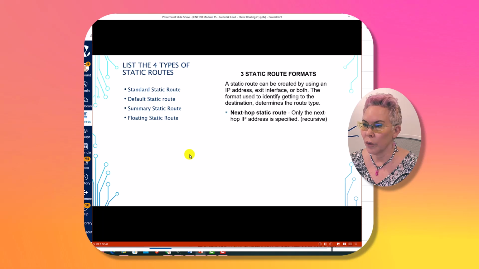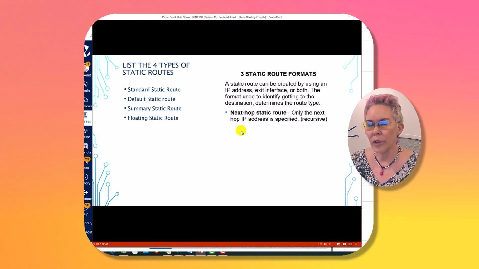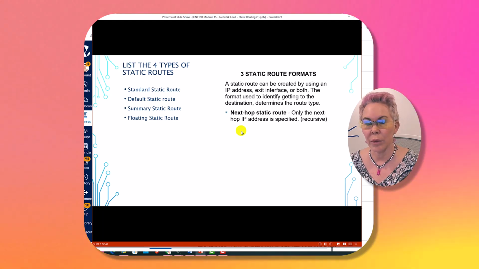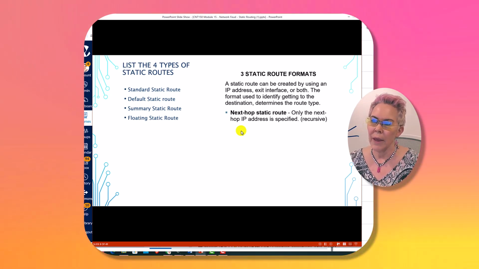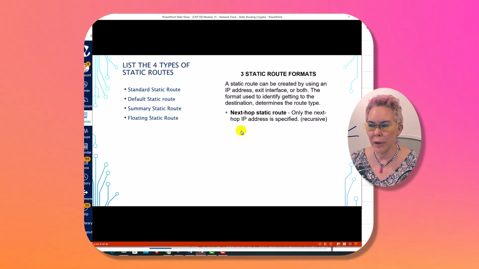The first format is called a next hop static route, and this is also considered a recursive route. The reason is that the next hop address is used, so the router has to do an extra lookup, a recursive lookup, to find what exit interface to go through. And I'm going to make some other videos to represent some of these.